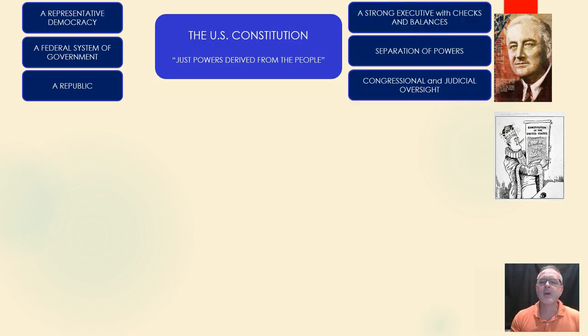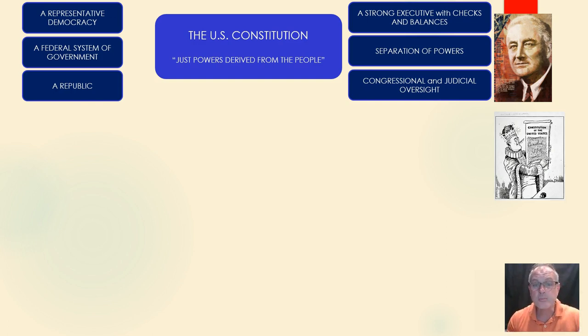These branches of government involved in the United States: a strong executive branch, a strong Congress, legislative branch, and a strong judicial branch. So an executive exists with checks and balances on its power provided by the Congress and the courts, the judiciary.